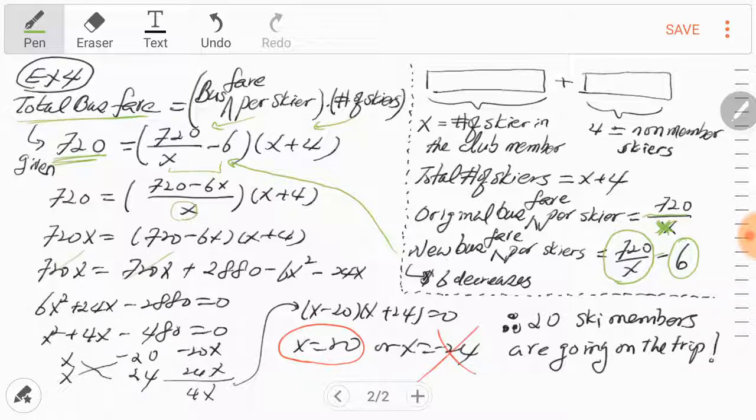This one cancels out. Then we have this equation. And then 480 is a product of 20 times 24 and negative 20. So the sum is now 4X. So from here, X is 20 and negative 24. A negative number is not included in the solution, so X is 20. So finally, there are 20 ski members in the club, and they are going on a trip.